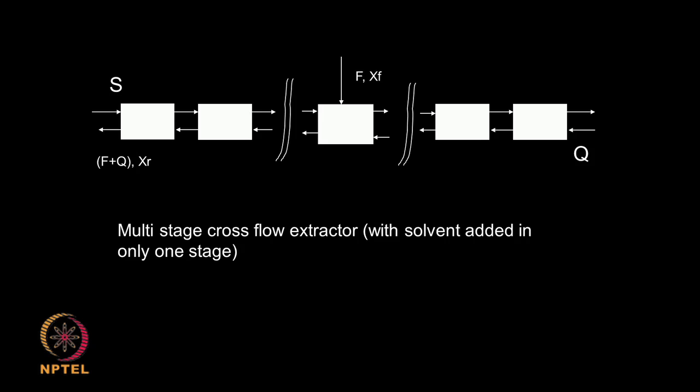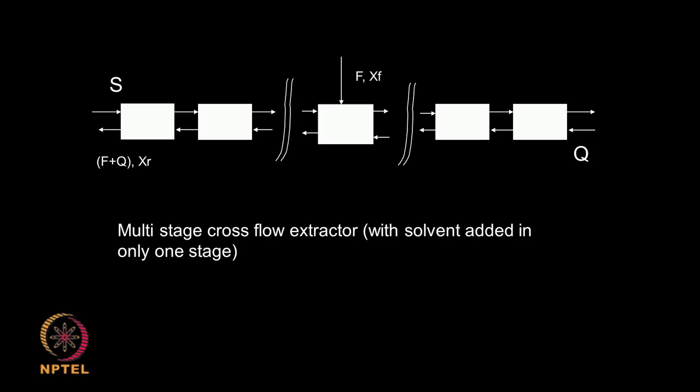You can still derive it, but all these derivations are based on mass balance only. It is very simple, you have to do mass balances and combine them to arrive at a convenient equation which relates XR, the concentration of the solute leaving the entire extractor, to the concentration of the solute entering the extractor.